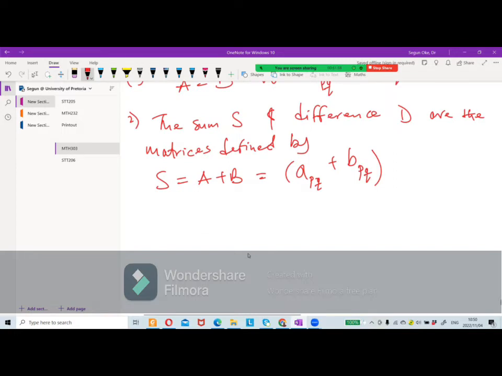Then for D equals A minus B, that one will be A PQ minus B PQ.